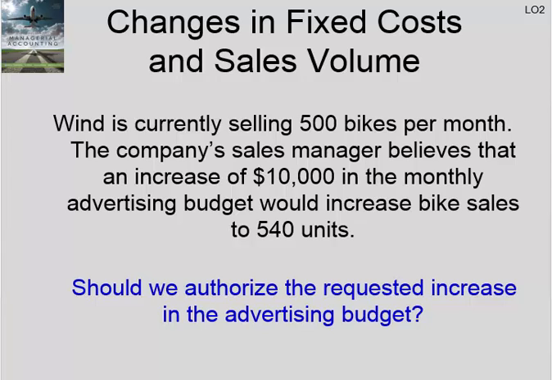so we've got some data here again. Win is currently selling 500 bikes per month. The company thinks that if they spend $10,000 in advertising, that will increase bike sales to 540 units. Should we go ahead and do this?